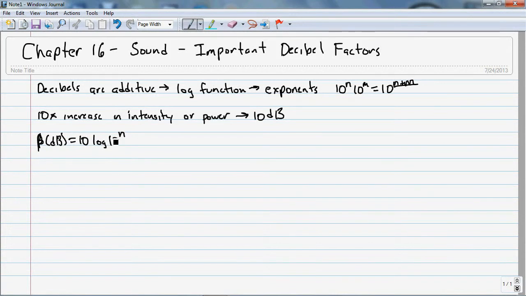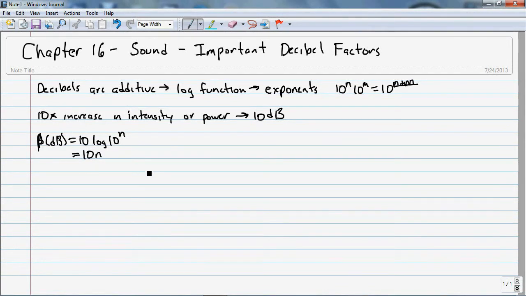Well, the log of 10 to the n is just n, and that gives us 10 times n. So every increase of 10 times the intensity or power is just 10 times the multiple increase, or the exponential increase.